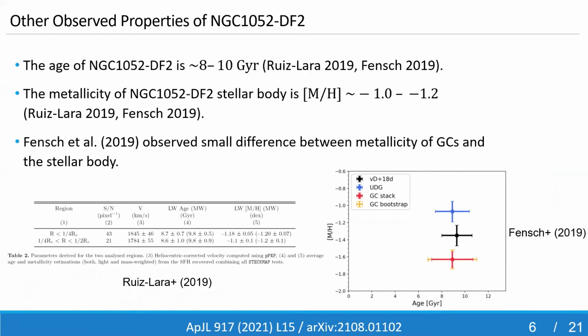Although there are quite large uncertainties in the observations presented here, I will briefly summarize the observation results. The age of DF2 is about 8 to 10 giga-year, and the metallicity is about -1 to -1.2. And Fensch et al. observed a small difference between the metallicity of GCs and the stellar body.